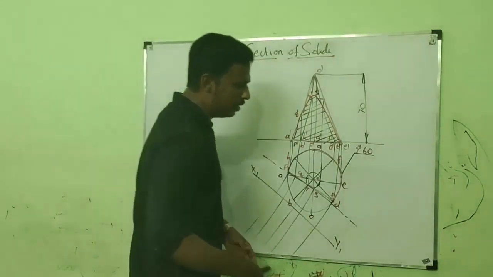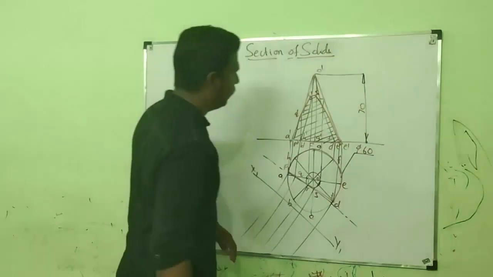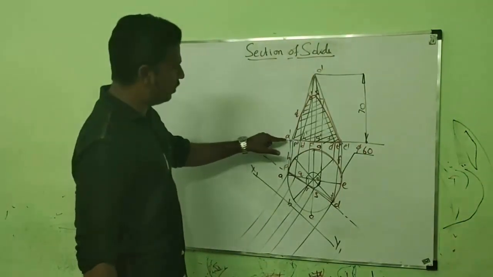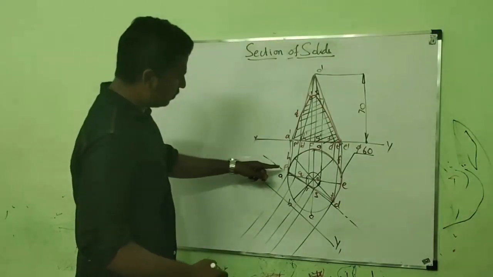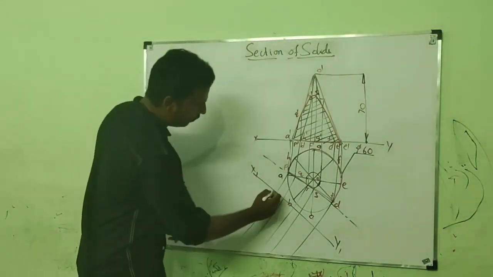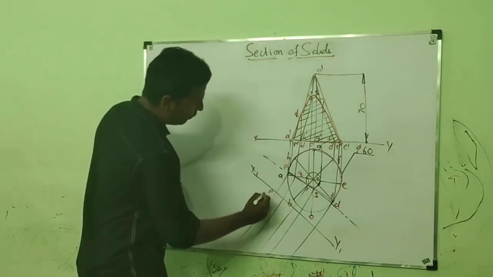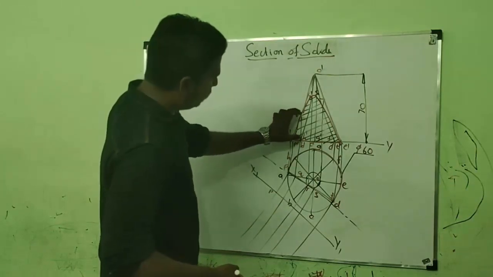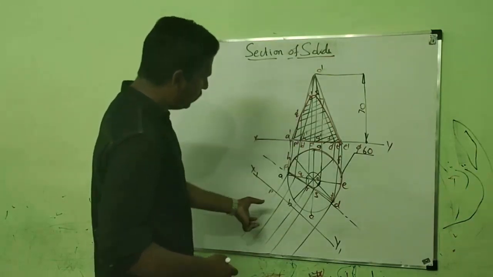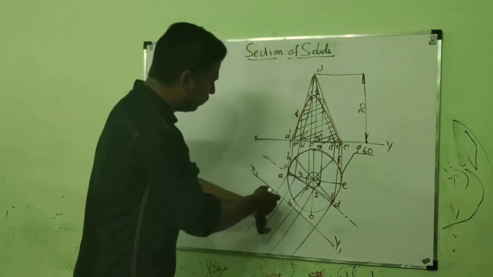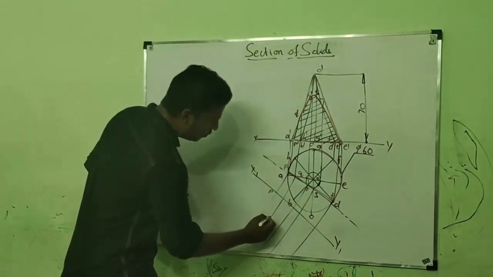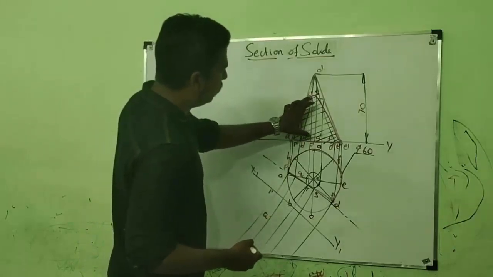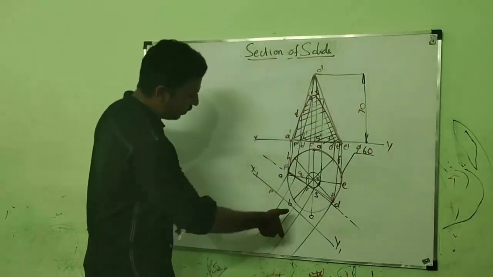Then we have to measure the points in the section. Point P is exactly on the xy line itself, so it has to be transferred to the x1 y1 line itself. This is point P. Then point Q is lying at some distance; measure the distance from xy and copy the distance from the line which comes from Q. This is point Q. Then measure the distance of the point R and mark it here.